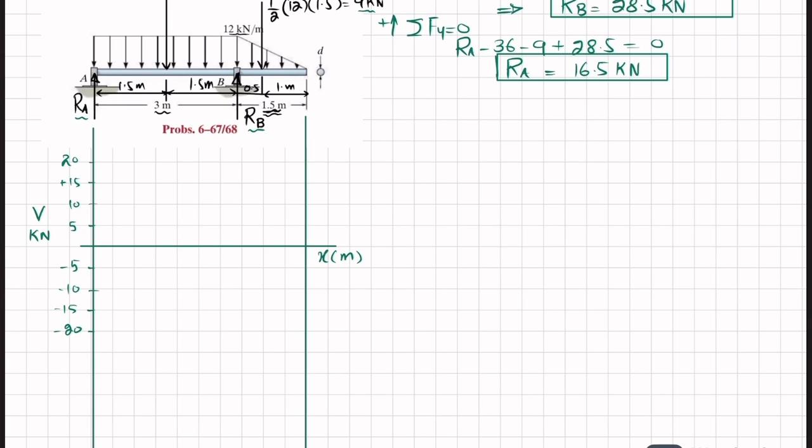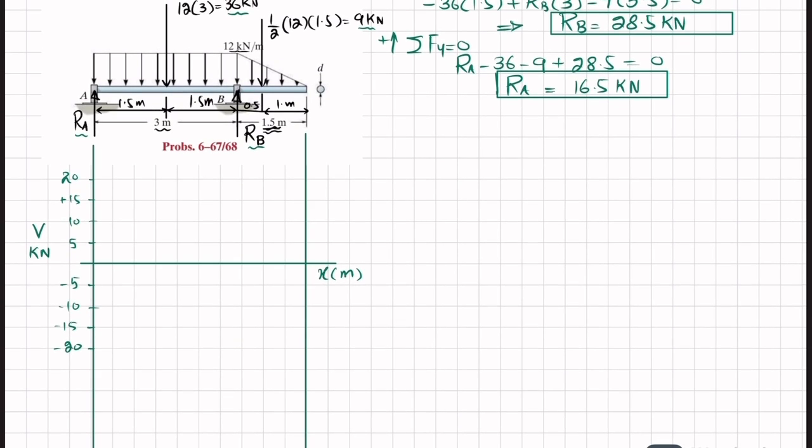Okay. So at point A, you can see you have RA, which is 16.5. So the first point will be 16.5 kilonewton. Now at point B, this is the length of 3 meter. Clear? 3 meter. Now at 3 meter, we have a uniformly distributed load over a length of 3 meter, so it is 36.